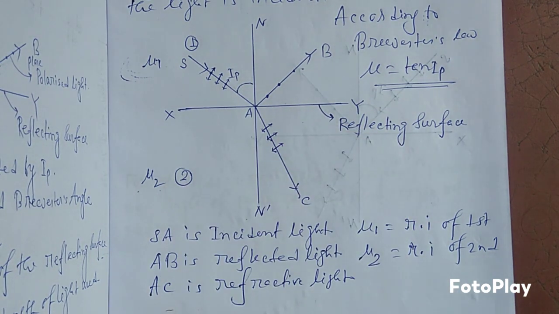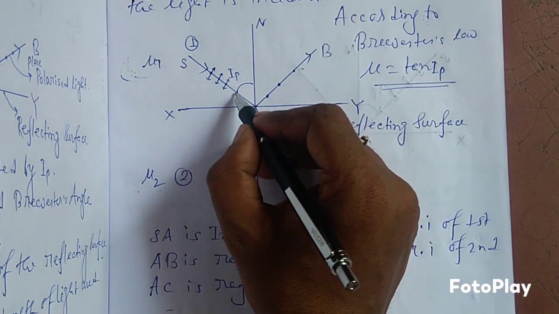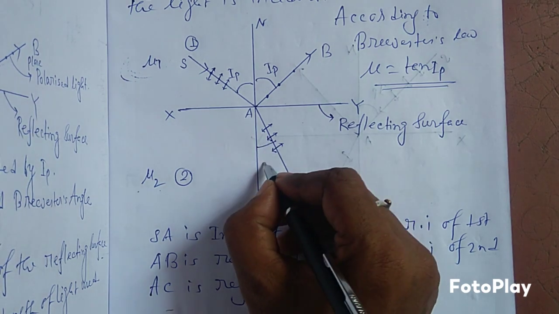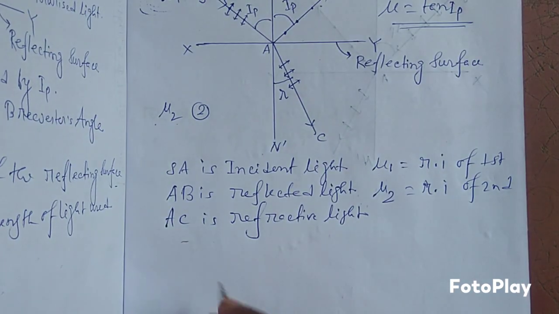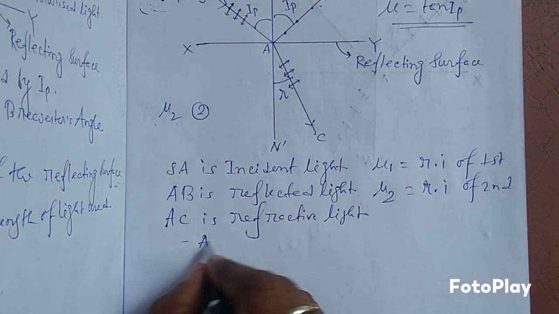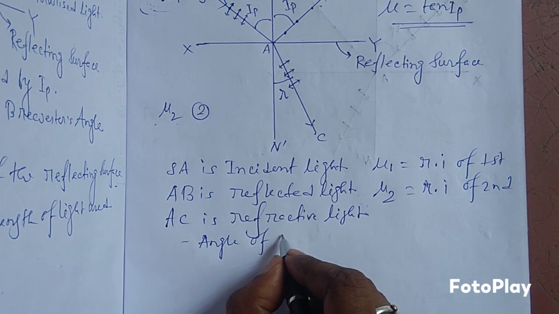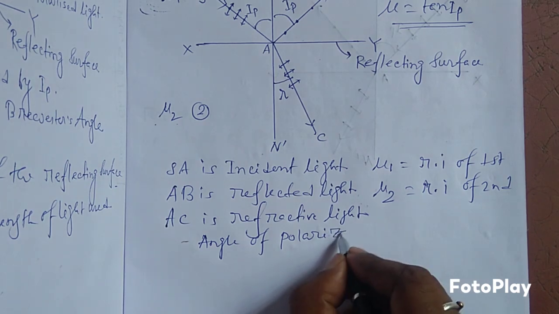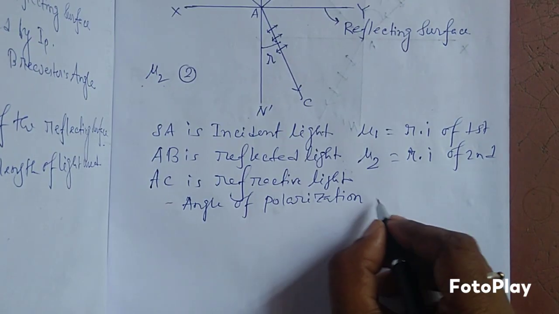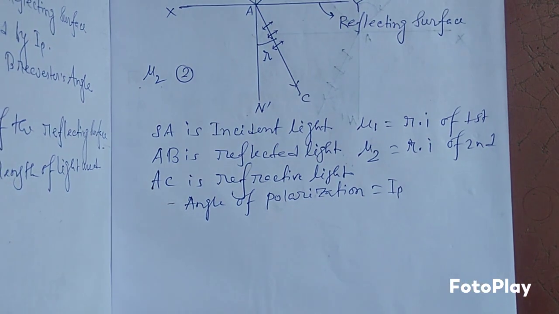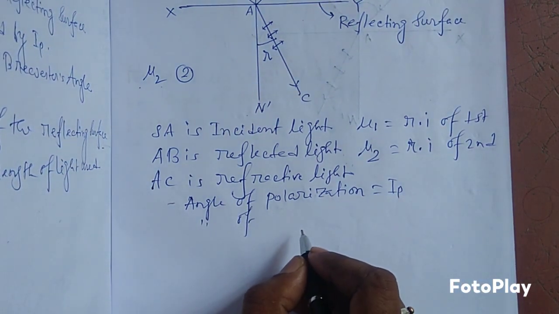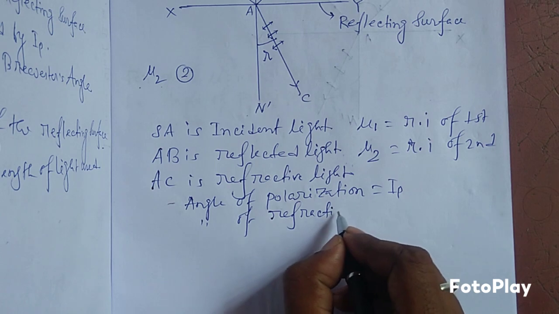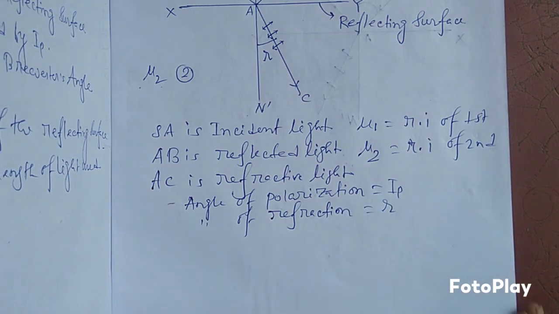According to the principle of reflection, this is IP and this is also IP, and let us consider this as R. So the angle of polarization is IP, and the angle of refraction is R.